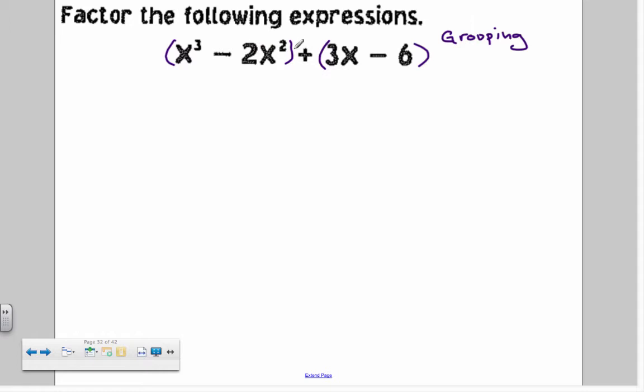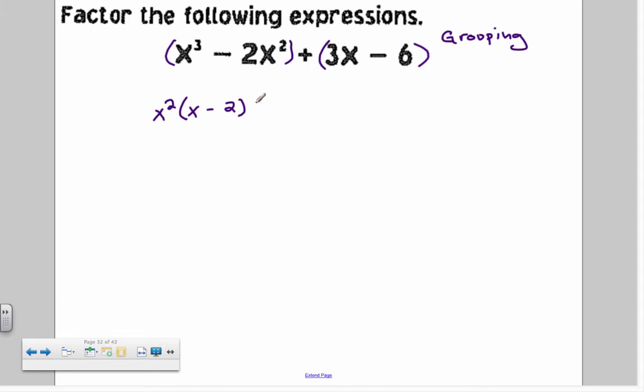Here I have a 1 and a 2, so there's no common coefficient as far as GCF, but my x's have a GCF. So I have x squared as a GCF, and if I pull that out, I'm left with x minus 2.